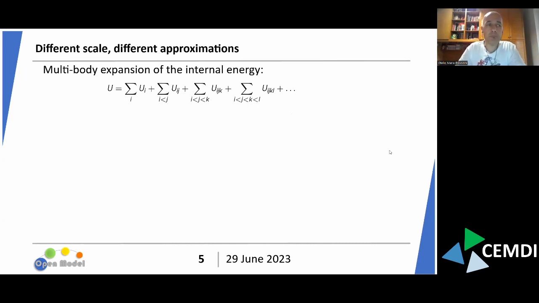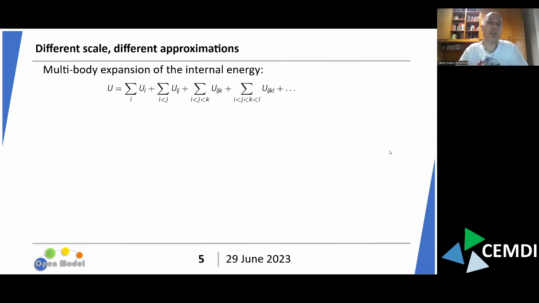Right, so as I said, if we look at different scales, we need different approximations. And in the realm of classical simulations, the basis is to perform a multi-body expansion of the internal energy. If you really want to know the true energy of a system, in principle, you could write an expansion such as this one, where we break down the energy of a system into the contribution of all the interacting particles.